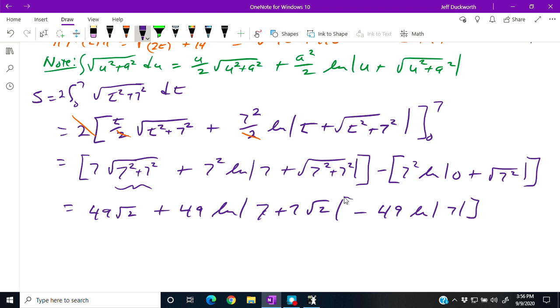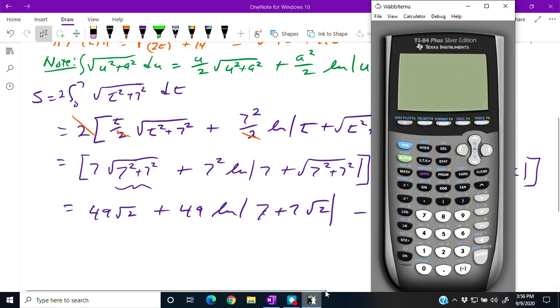All right, and I think that looks right now. So I'm going to grab a calculator and see if we can solve this thing here. I'll enter the last one in a second. So first we have 49 times root 2.